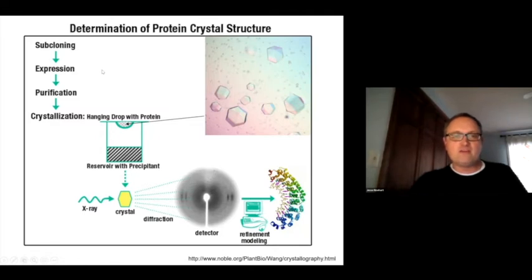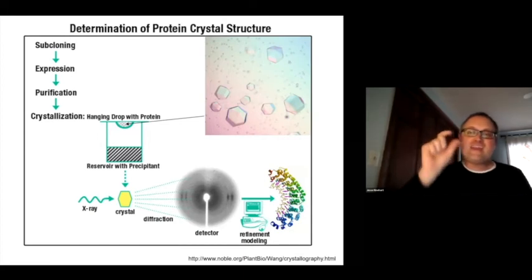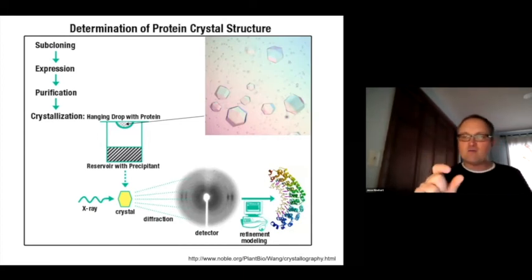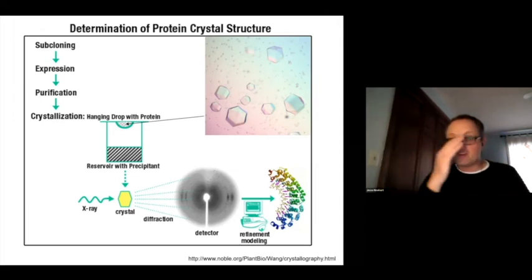And what I like to point out here is that for, I would say, 99.9% of the structures in the database, we're not taking native proteins out of a cell. We're not taking a cell, opening it up, crystallizing it, and determining structures.